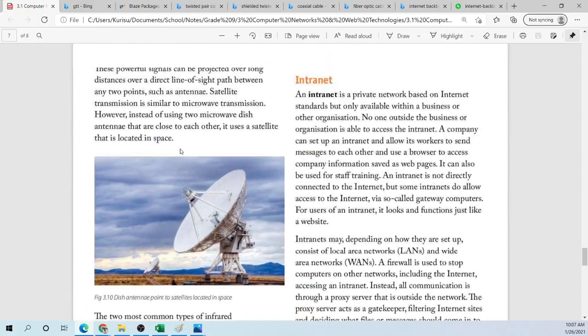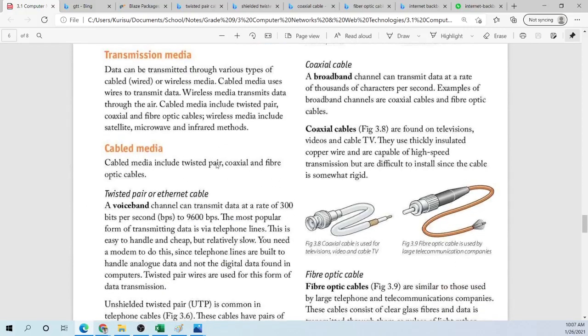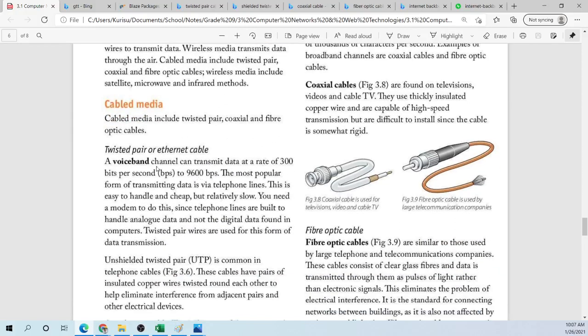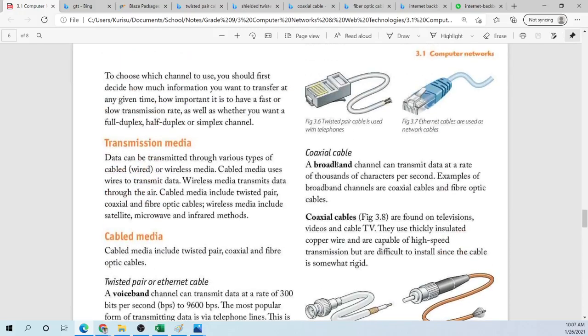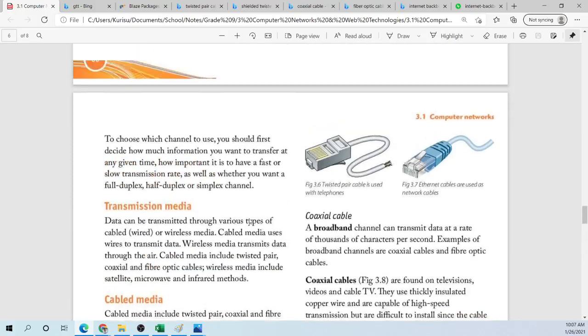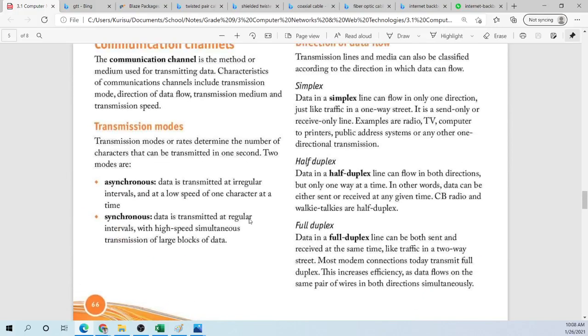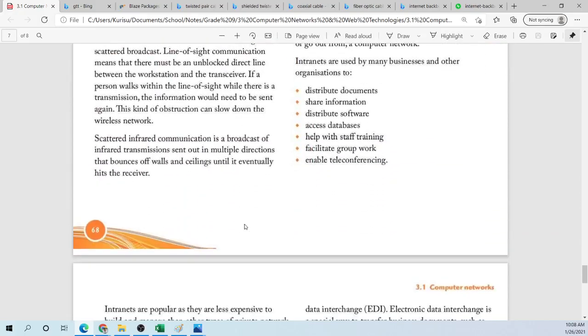In the paragraphs they would have indicated the transmission speed, because a voice band would give you 9600 bits per second, and the coaxial and the twisted pair and so on would get different speeds. I'll try to find an image that breaks down those speeds for you guys.